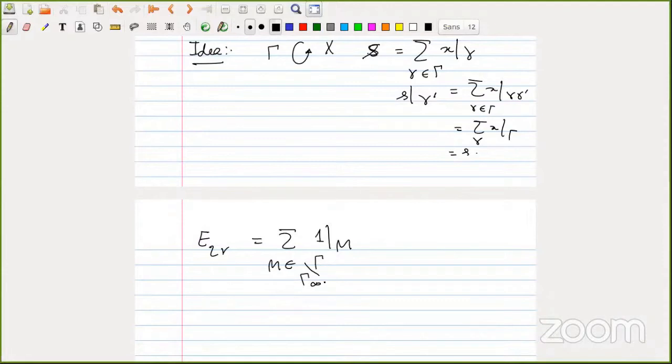I take the equivalence class with respect to infinity. This will give us the Eisenstein series of weight 2r in the following sense.